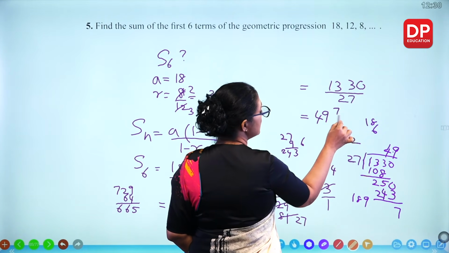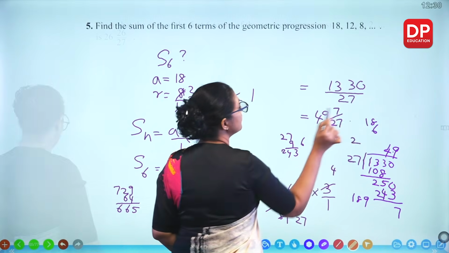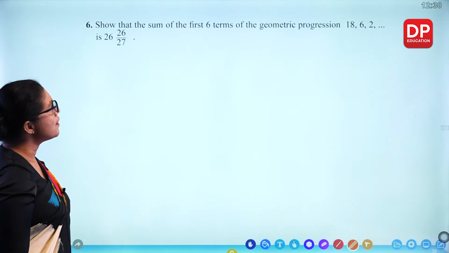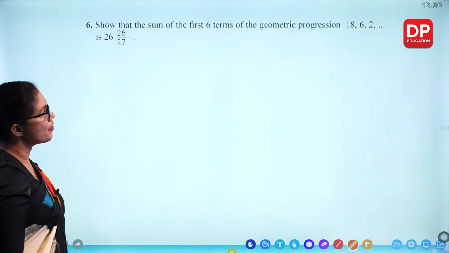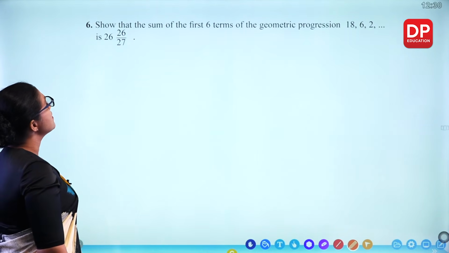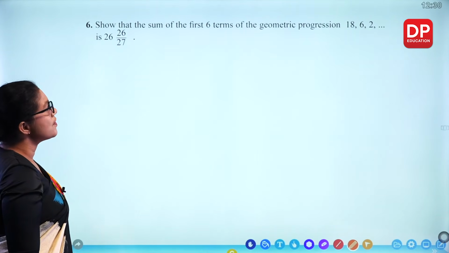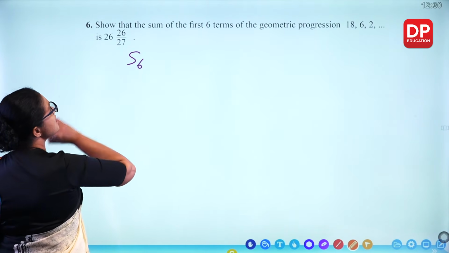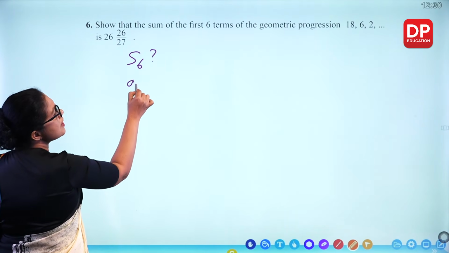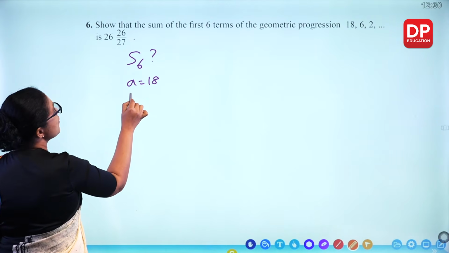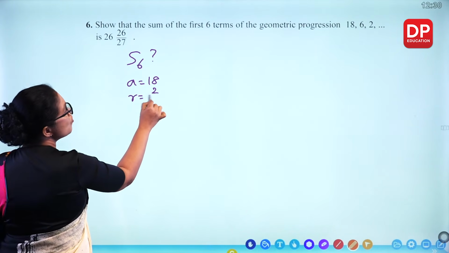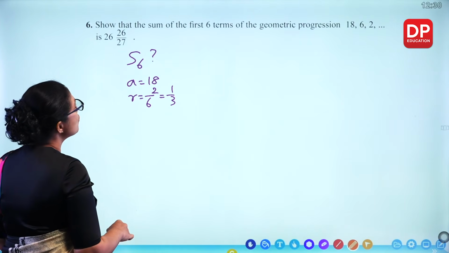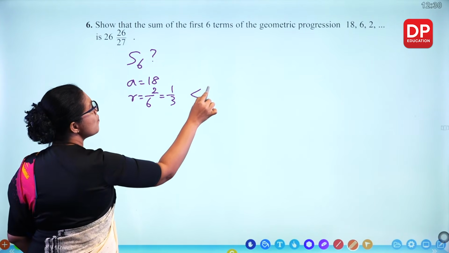Question number 6. Show that the sum of the first 6 terms of the geometric progression is 26 and 26 over 27. So we have to find out S6. What's the first term? 18. What's ratio? 2 over 6 is 1/3. Now use the formula. This is less than 1.